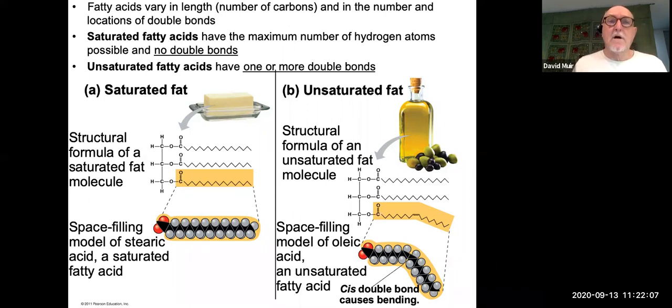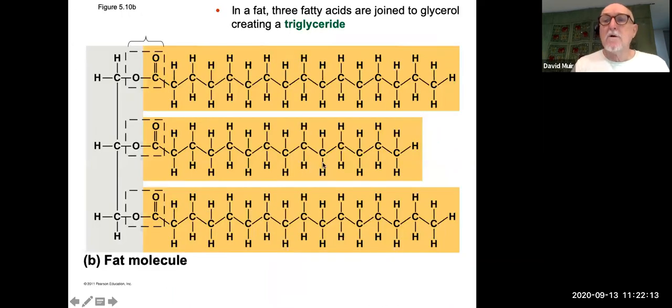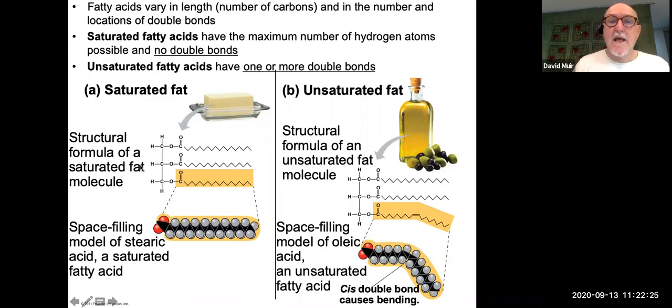First of all, those fats like this. You can see every single carbon here has as many hydrogens as could possibly be attached. So those we call the saturated fats. And in the saturated fats, the fatty acids are straight.